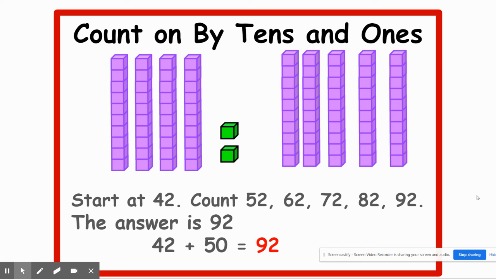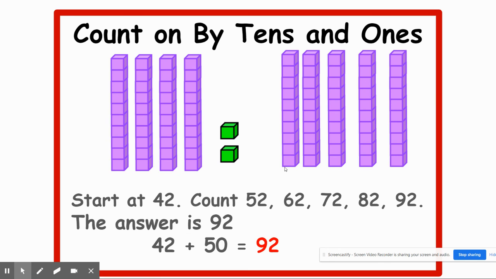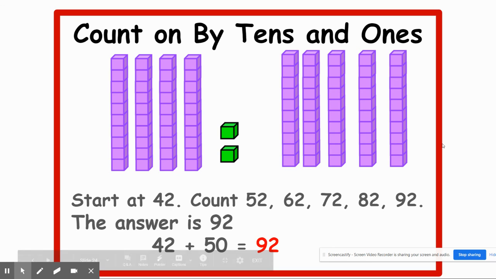Ready? 42, 52, 62, 72, 82, 92. So 42 plus 50 equals 92.